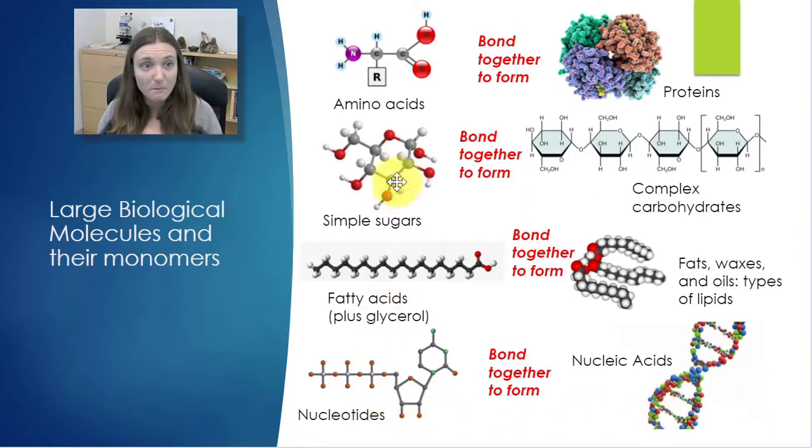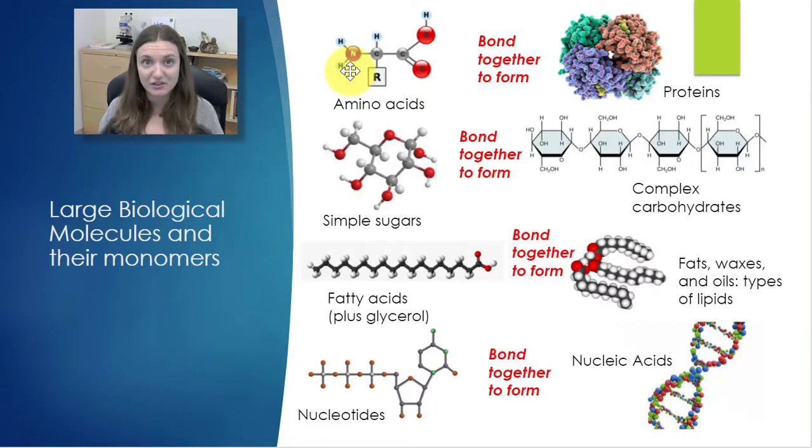So these are all the monomers, the different building blocks that we connect together to make each of the four classes of biological macromolecules. Proteins, carbohydrates, fats and lipids, and nucleic acids each have their own unique monomer. And for each monomer, there can be many different types. For example, there are 21 different types of amino acids, kind of like letters in an alphabet, right?